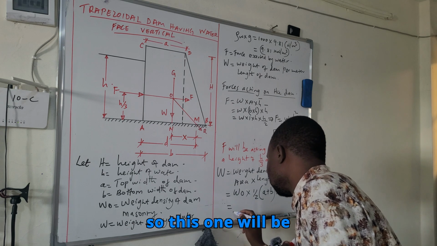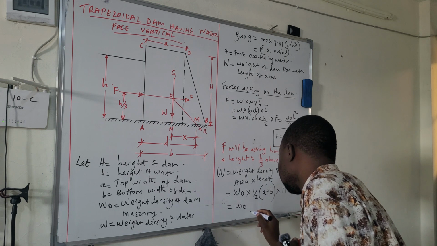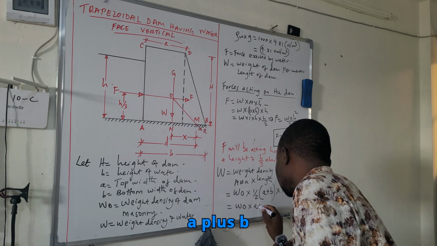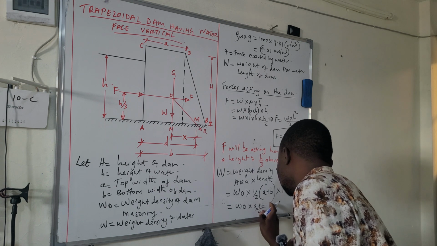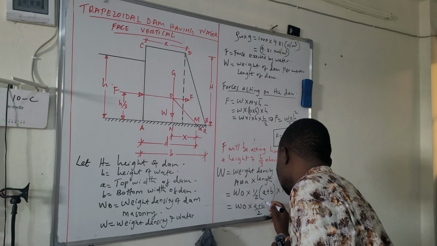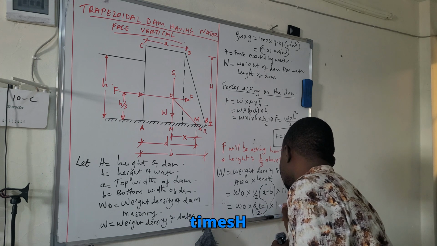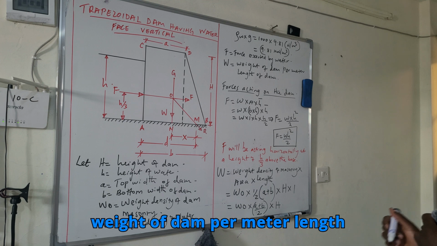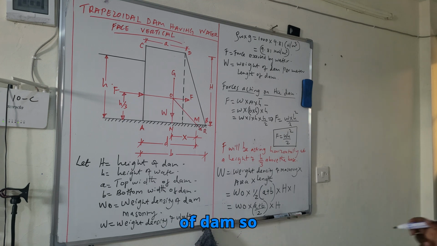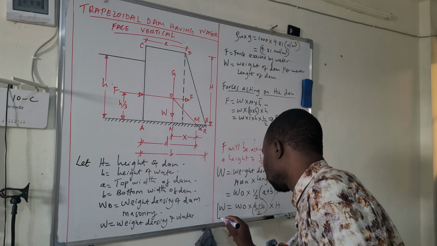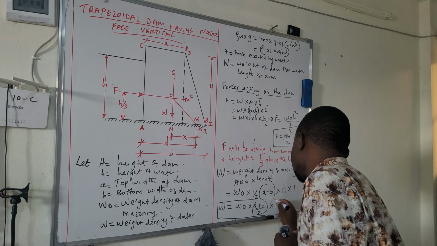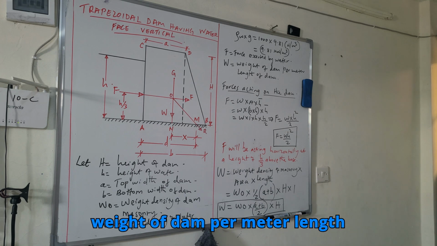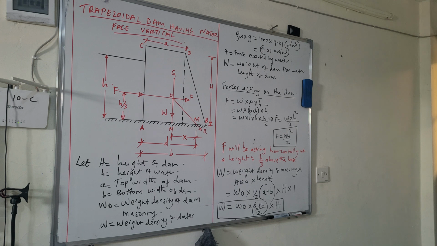So this will be W0 times (A plus B) over 2 times H. So that is how you calculate the weight of dam per meter length of dam.